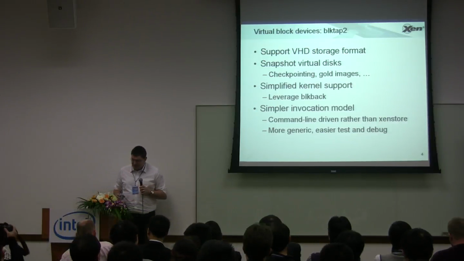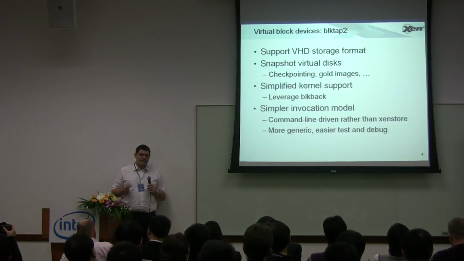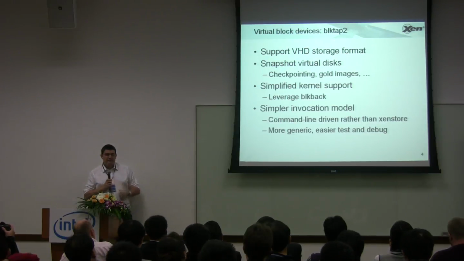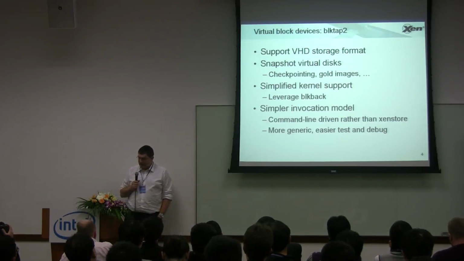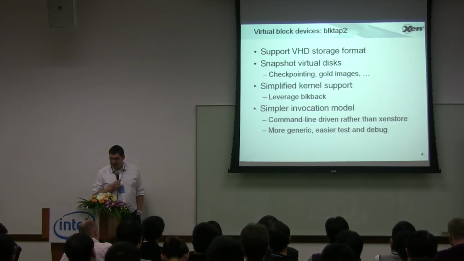Another feature which I've talked about before at previous summits and is now finally going to be released as part of stable Xen release in 4.0 is enhanced support for virtual block devices and their management. This is a feature called BlockTap 2, and it provides a number of features.